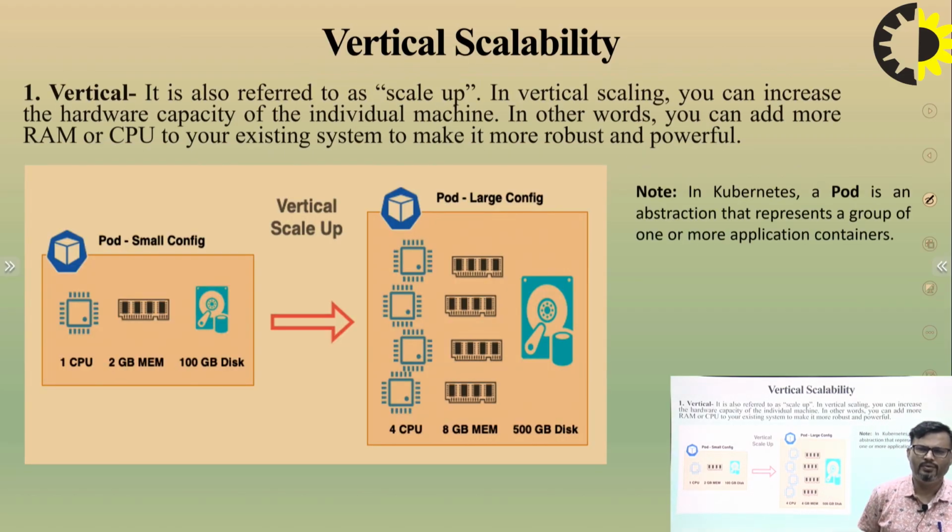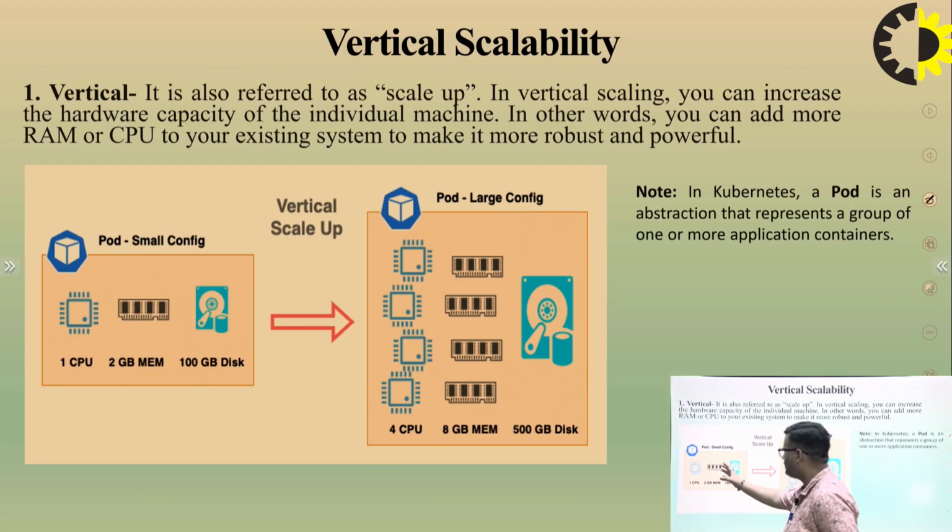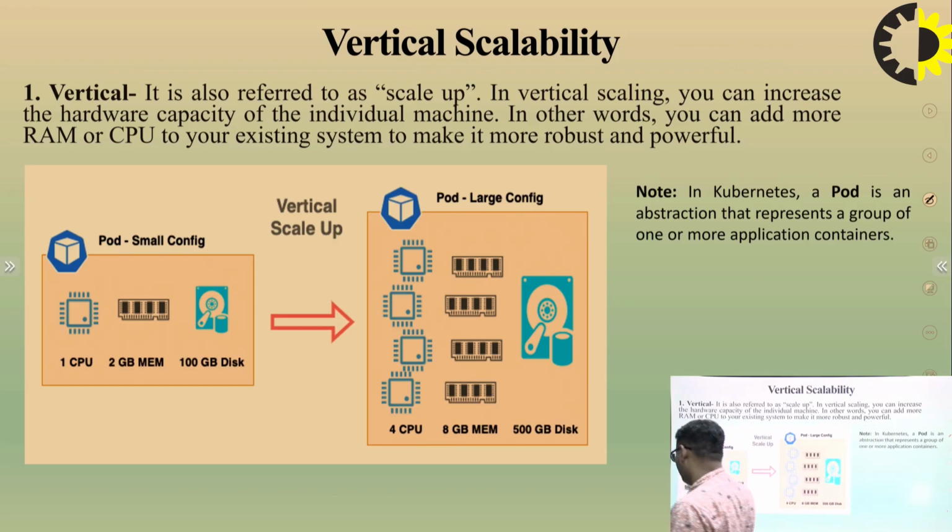So here we will consider the vertical scalability concept. Suppose a pod has a small configuration: 1 CPU, 2 GB memory and 100 GB disk. Then it's a small pod configuration.